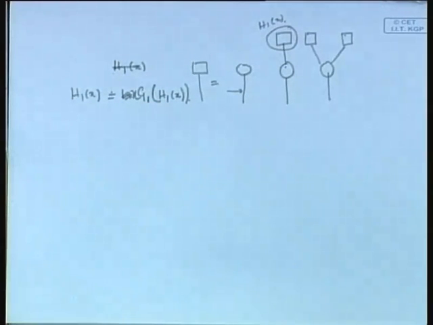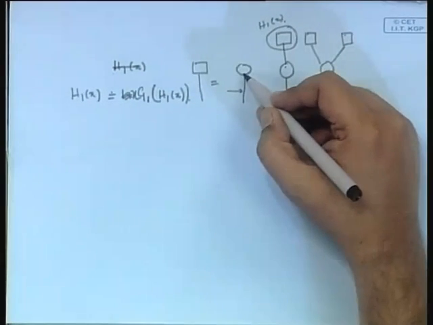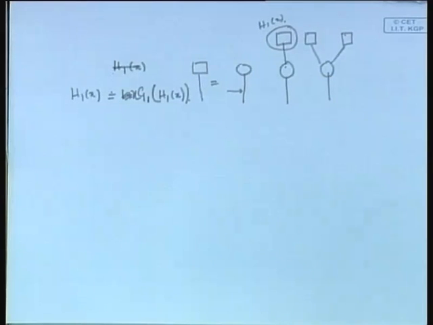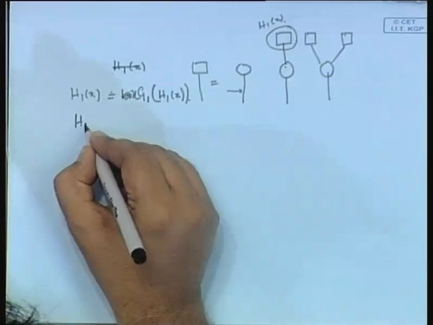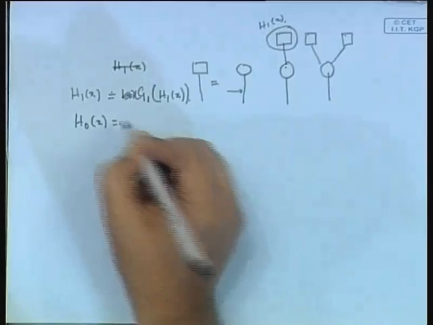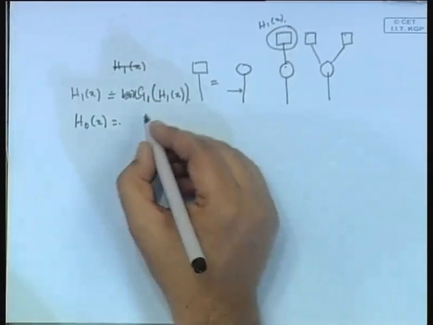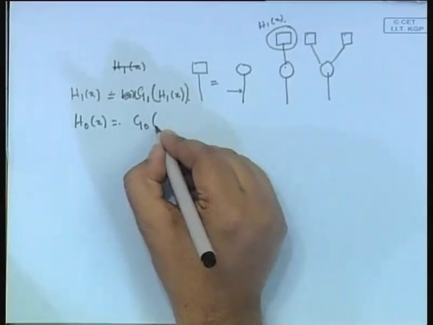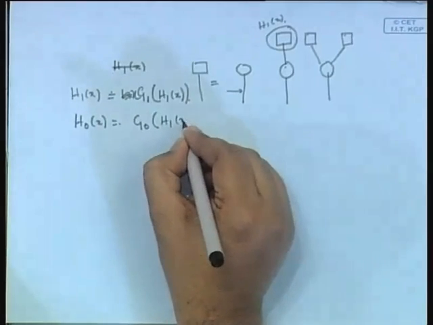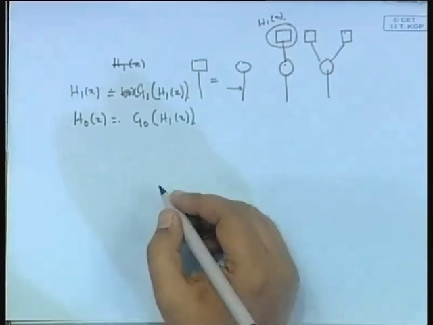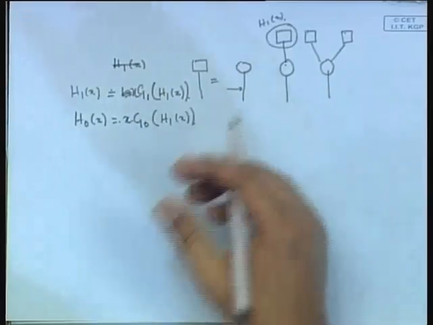There is no 1 inside; 1 means you have gone one step and then this one. And what was H0x? G naught of H1 again, because you have picked up that node and gone. Okay, so you remember this.